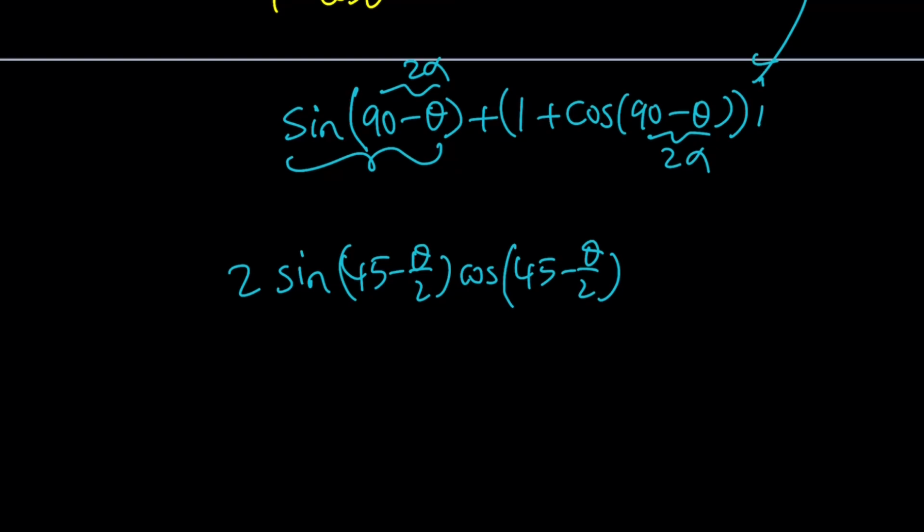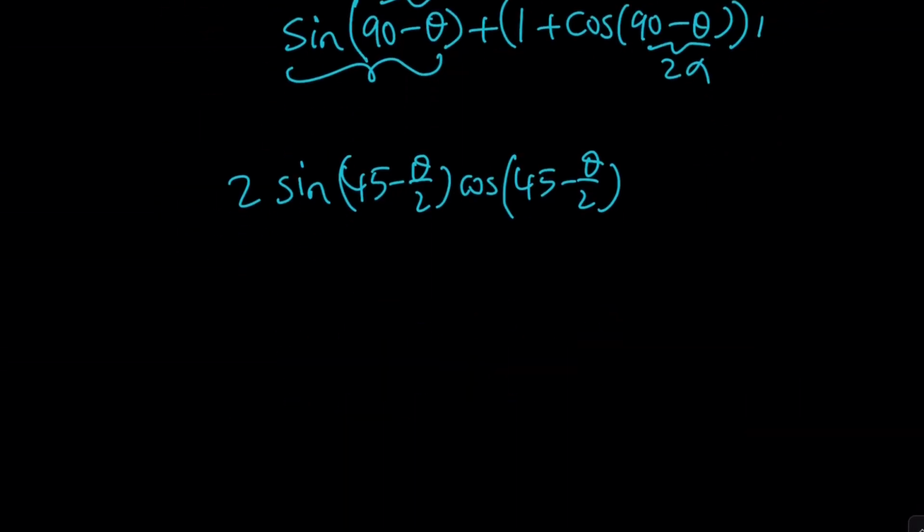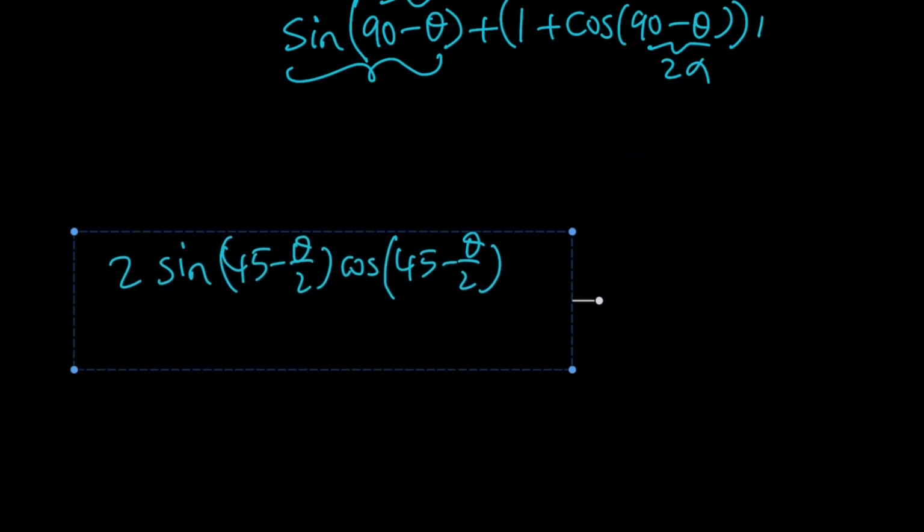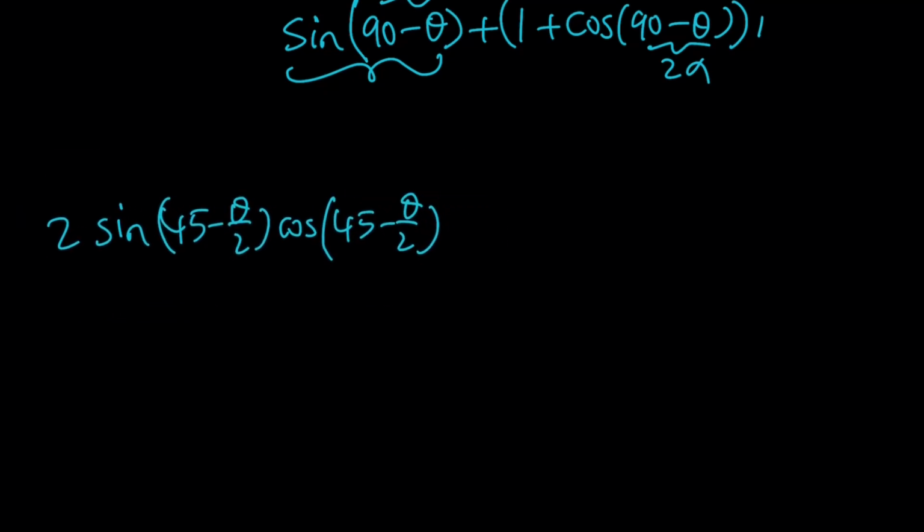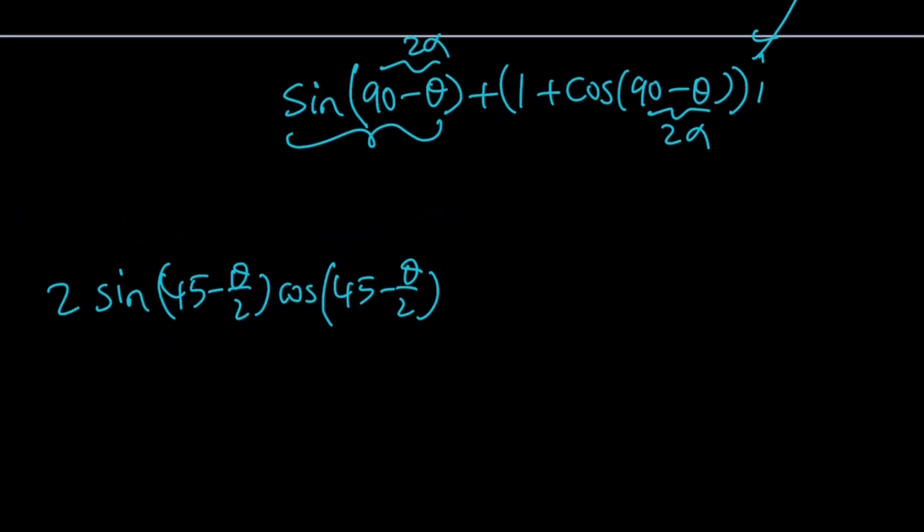And with the cosine, I can go ahead and use the double angle formula. The way the double angle formula works for cosine is there are actually four formulas that you can use. But the one that's going to be good for you is the one that will get rid of the 1 here. So we're going to be replacing it with 2 cos squared(45 - θ/2) - 1.